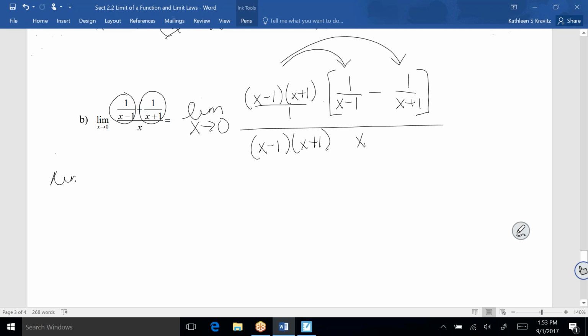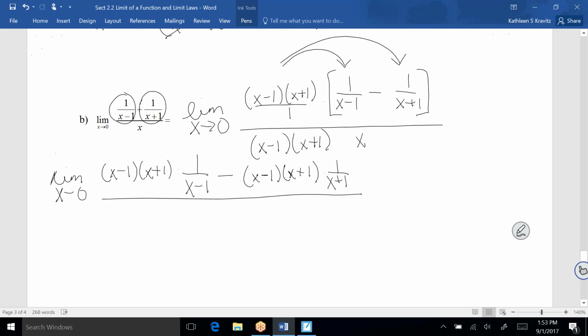All right, x minus 1 times x plus 1 times 1 over x minus 1, minus x minus 1 times x plus 1. So I'm distributing the x minus 1 times the x plus 1 to each one of those fractions in the numerator.